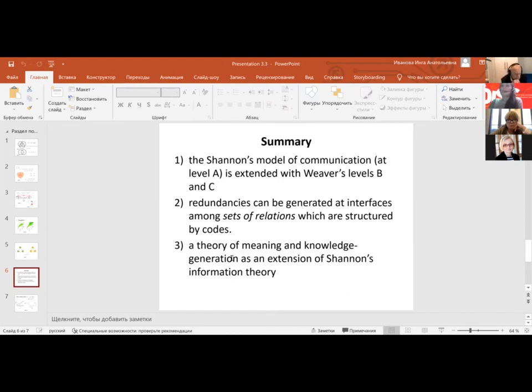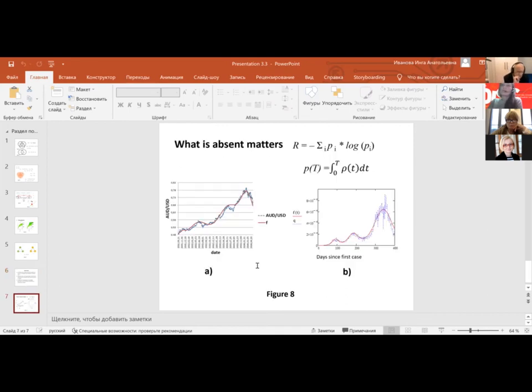Adding to this third summary, I would like to share one idea, that one can show that the redundancy approach is a cornerstone for the further development of the theory of meaning. And here you can see two graphs. The first one is the financial market as a price movement.